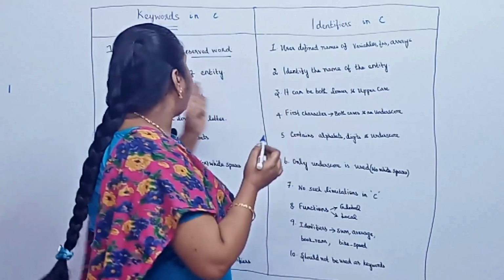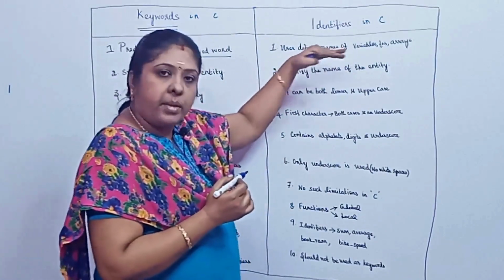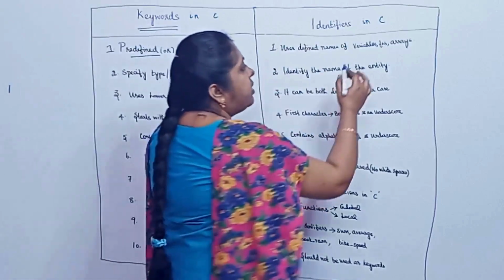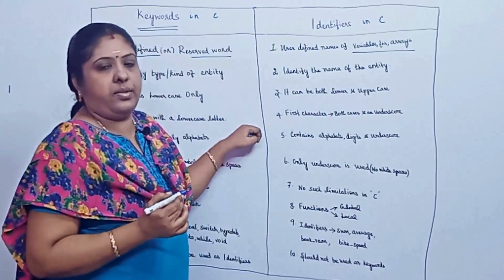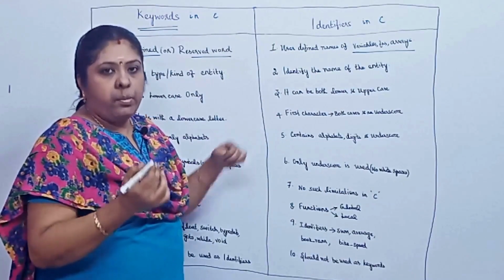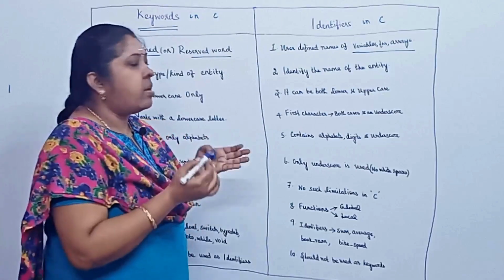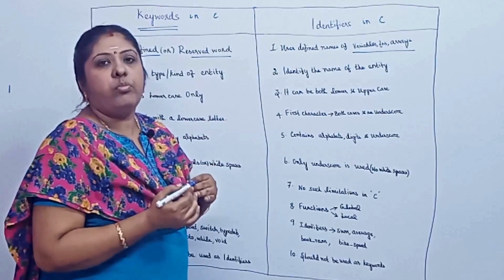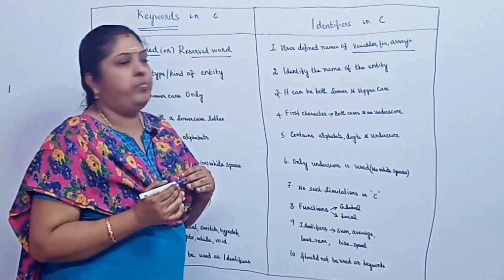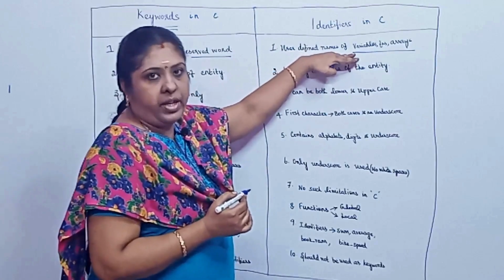It varies entirely from the keyword. User defined names can be given to variables, functions and arrays. So the name can be decided by the user, but it has some specific rules on how to give a name to the identifier. So this is the key definition of an identifier.